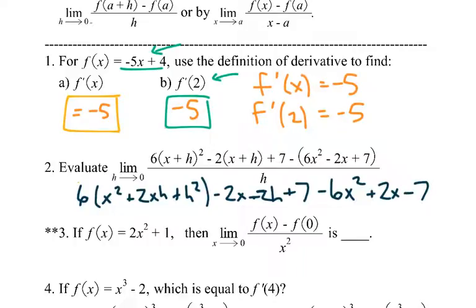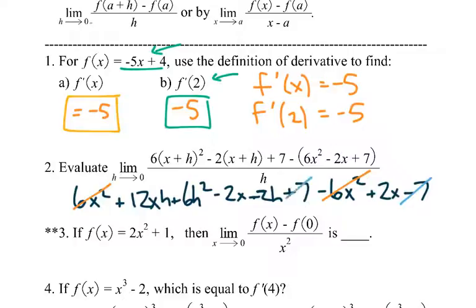And if I just go ahead and distribute the 6 to the x squared and all of that, we end up with all of these terms on the top of the equation. And a lot of them are going to cancel out. The 6x squared cancels with the negative 6x squared. The negative 7 cancels with the 7. The negative 2x cancels with the positive 2x.